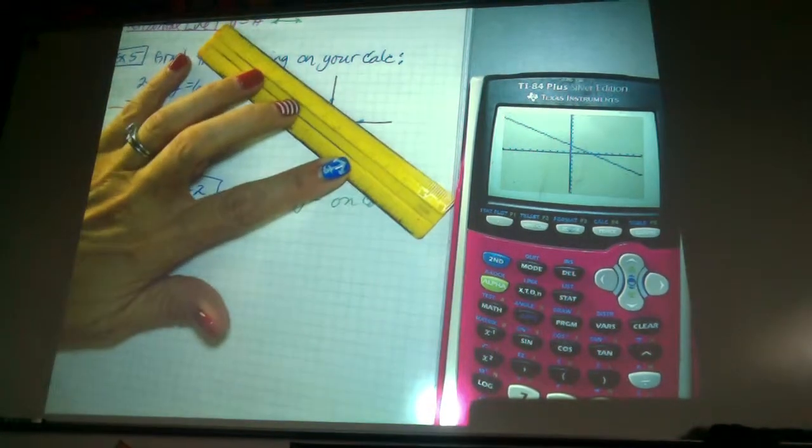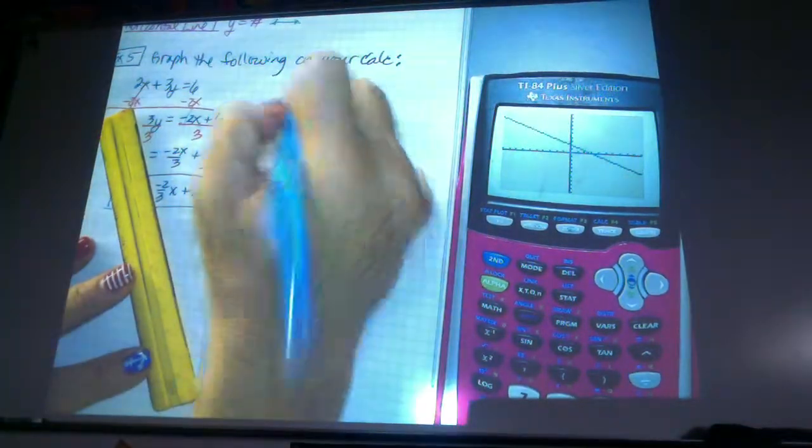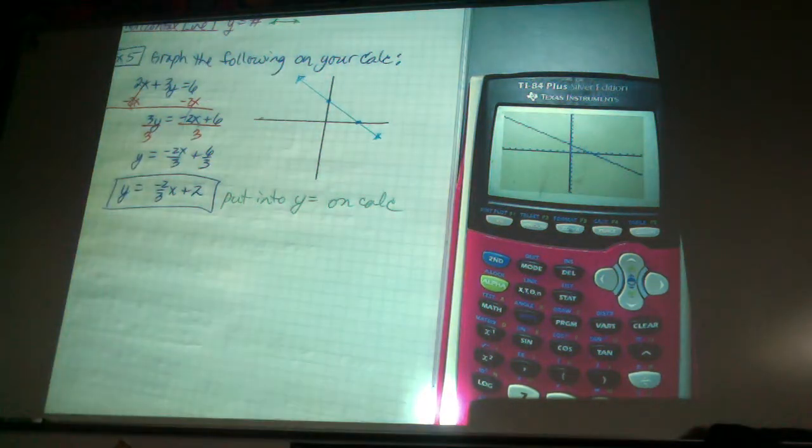And so in my world, when we're sketching it, you're intercepting your x and y axis for a line are what we're looking for. So that's it. Any questions? Tomorrow we're going to look at parallel and perpendicular lines and word problems dealing with lines and slope and that kind of thing.